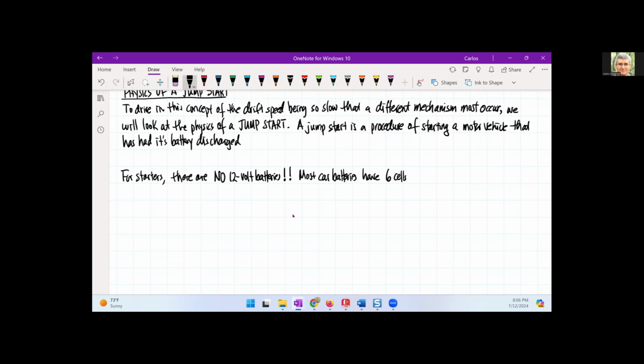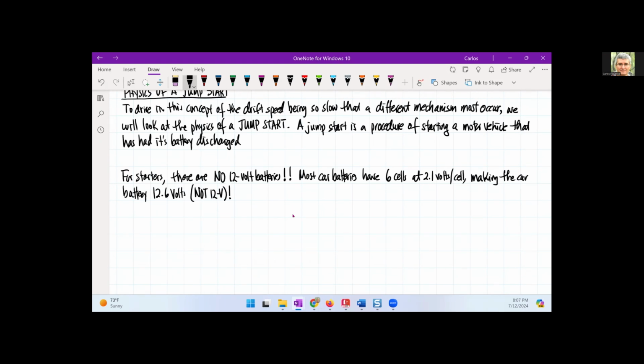They have 6 cells at 2.1 volts per cell, making the car battery 12.6 volts, not 12 volts.